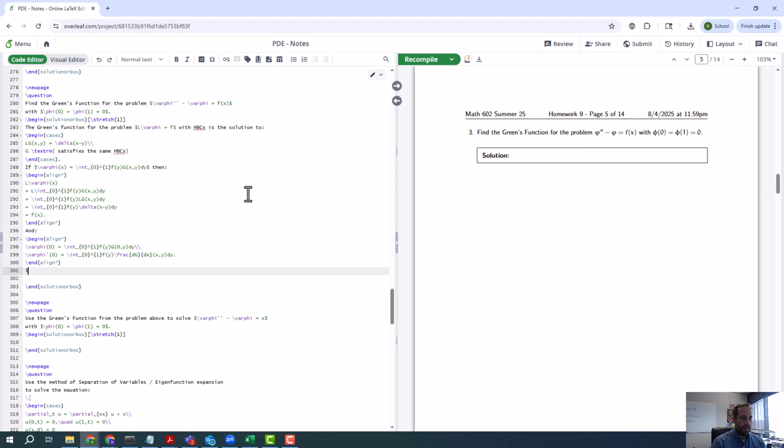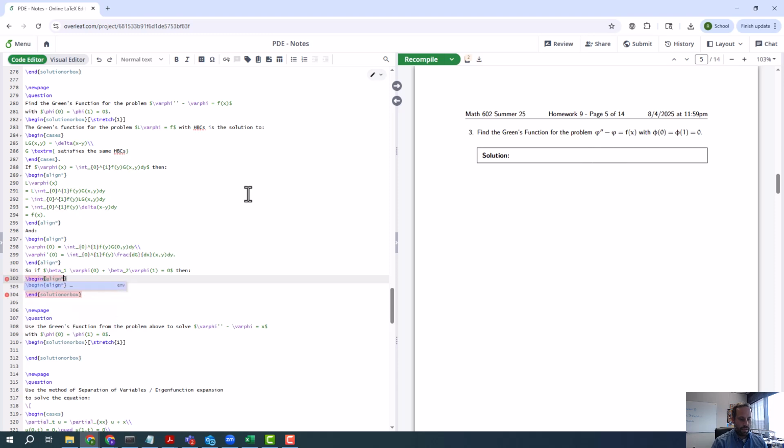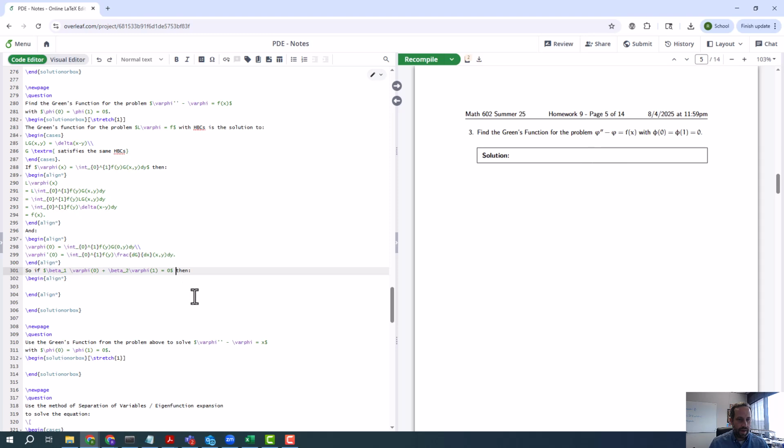And so therefore, if beta 1 phi of 0 plus beta 2 phi of 1 equals 0, so if this is the boundary condition, then beta 1 g of 0 comma y plus beta 2 dg/dx at 0 comma y is equal to 0.